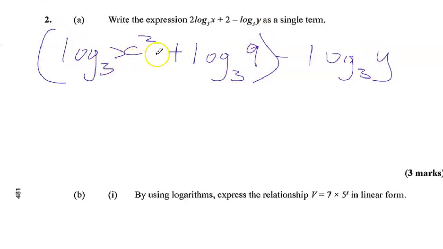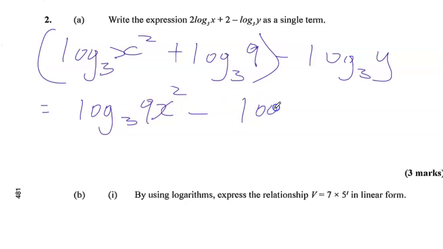Alright, so we can separate like that. We know the law of logarithms that says log a plus log b is log ab. So since we're adding, we can combine both logs by multiplying. So this is log of 9x squared base 3 minus log of y base 3.